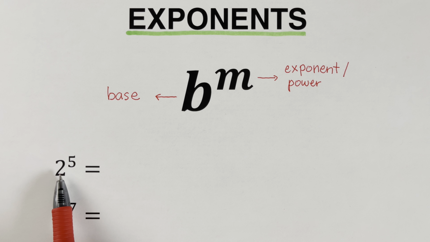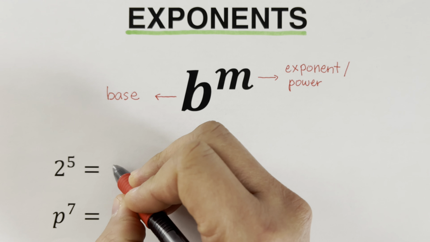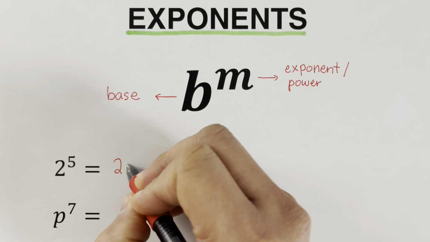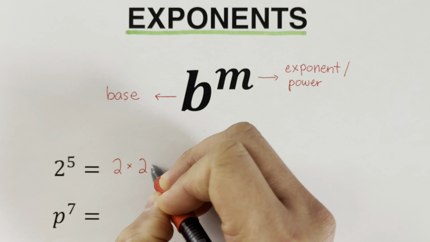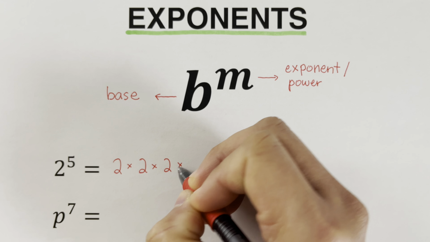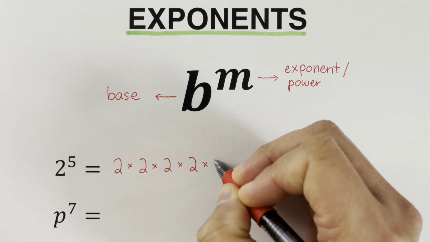So this can be read as 2 raised to the power 5, or 2 to the 5th power, or 2 raised to the exponent 5. We can rewrite this as 2 times 2 times 2 times 2 times 2.